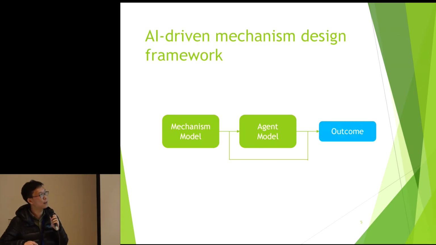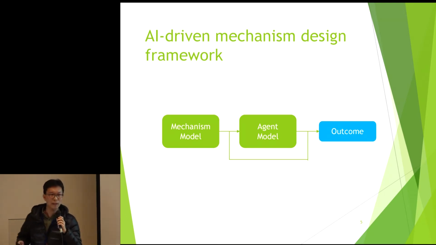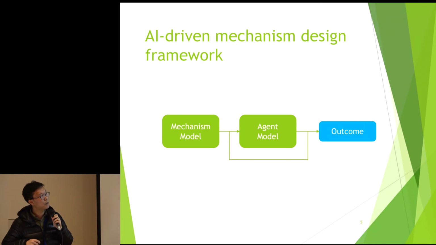And the mechanism model is a parameterized mechanism together with an optimization algorithm in order to optimize the mechanism parameter. The mechanism model generates a mechanism, and then the agent model takes the mechanism as input and acts accordingly. If we combine the outputs of these two models, we get the outcome of this mechanism, and then we use the optimization algorithm to optimize the mechanism parameter according to the outcome.